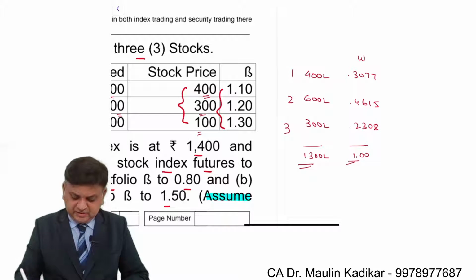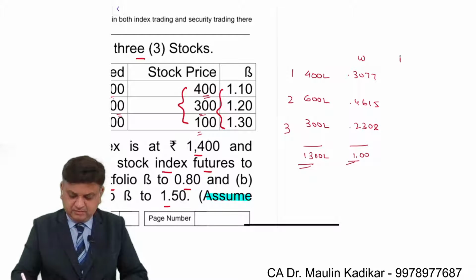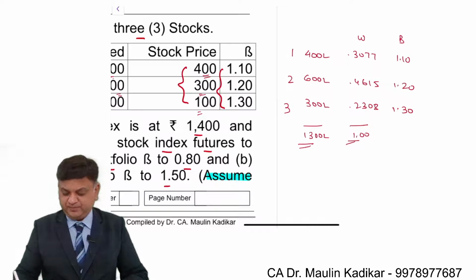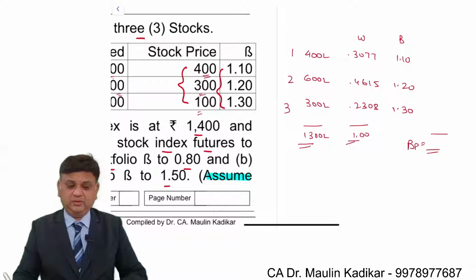This is the weight of the individual security multiplied with the respective beta 1.10, 1.20, 1.30. और ये जो weighted average होगा, that is the beta of the portfolio.